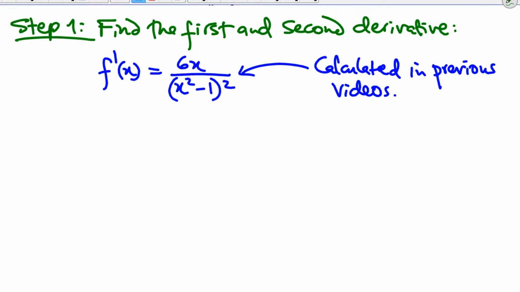We are going to apply the quotient rule to find the second derivative.